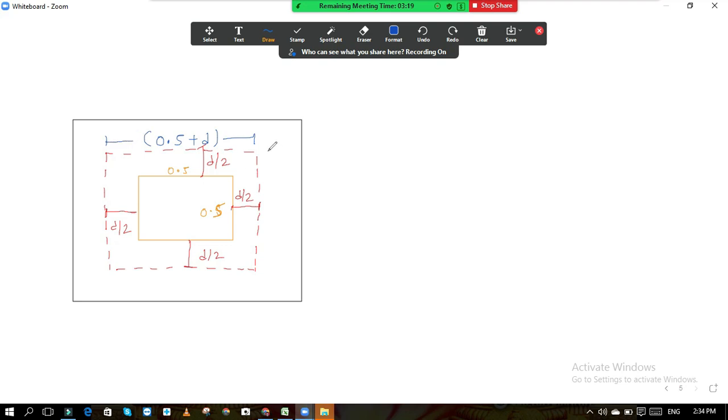Okay. On this side also the same thing is there. On this side also this distance is nothing but 0.5 plus d, where d is what? d is the effective depth of footing.